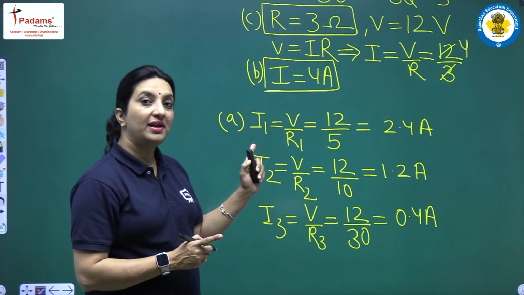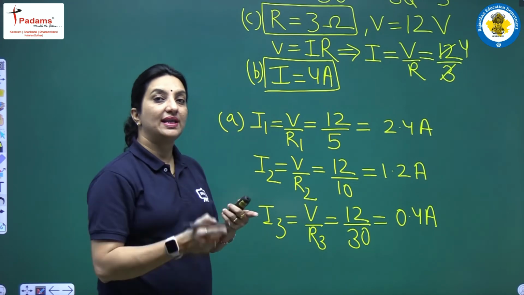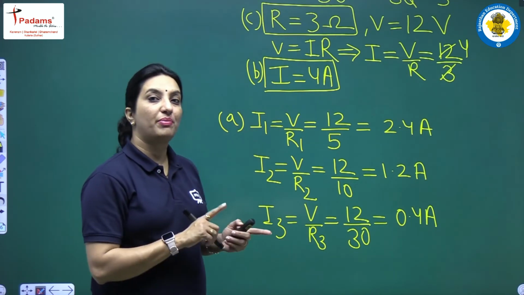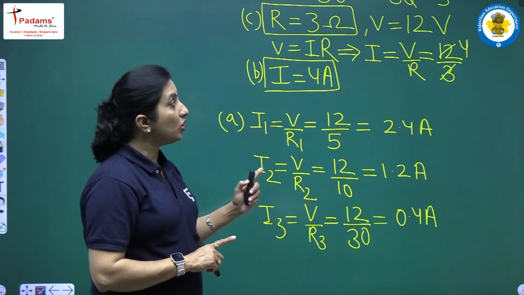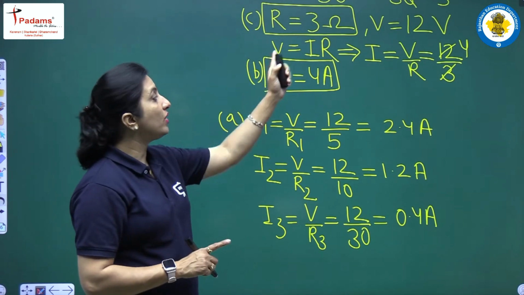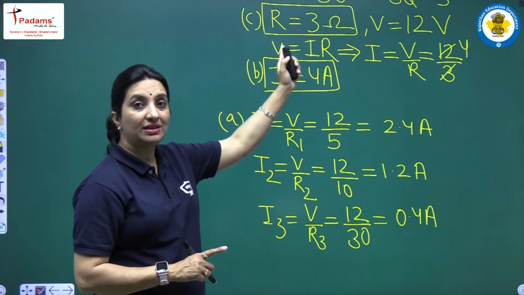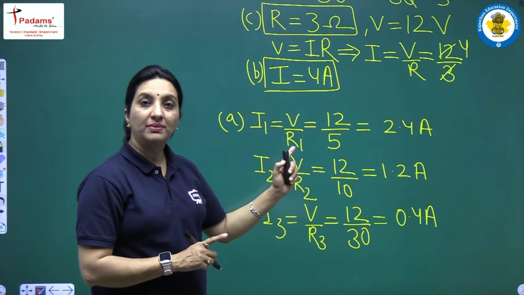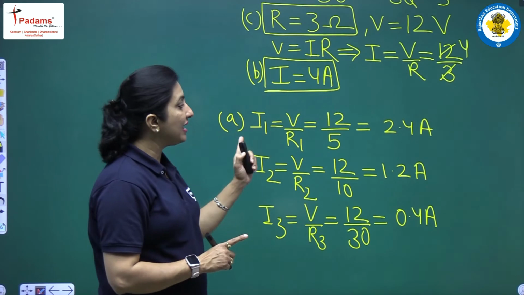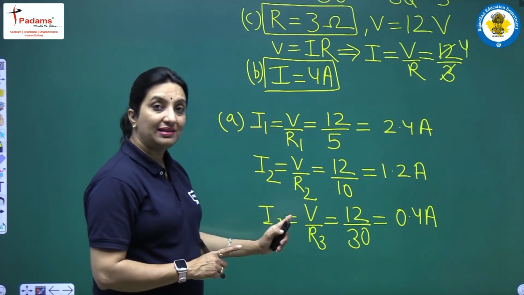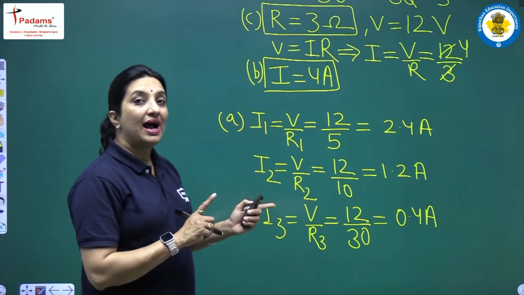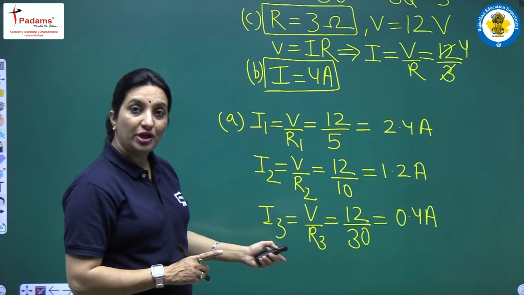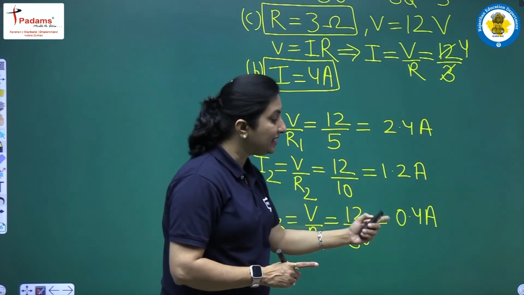Now students, here what I did was, first I solved part C, then part B and then part A. Why did I do so? So that you know how to calculate the total current using this formula. Now what we can do is first solve part A, calculate I1, I2 and I3. Then for part B, I can calculate the total current flowing through the circuit by simply adding these three.